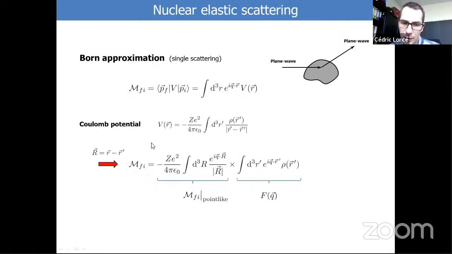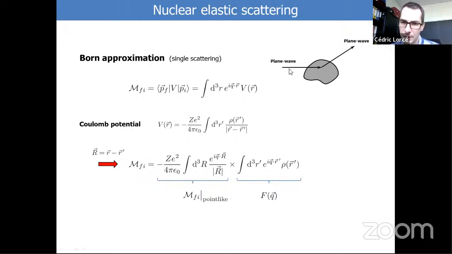And in doing so, you can write your scattering amplitude essentially as the scattering amplitude for point-like objects multiplied by an object that we also call the form factor, which is nothing else than the Fourier transform of rho. So it's exactly a similar structure as in the case with the X-ray diffraction.